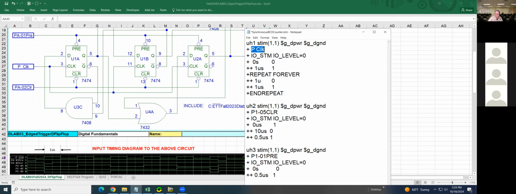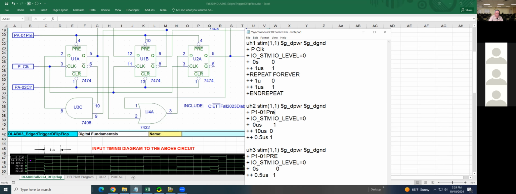Now, the second input they're talking about is preset, that means here, PA, that's 01. Okay, so the second one you change to PA01 PRE. Okay, now you're looking into that one.